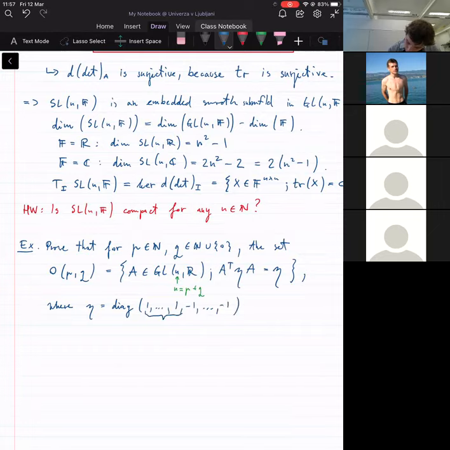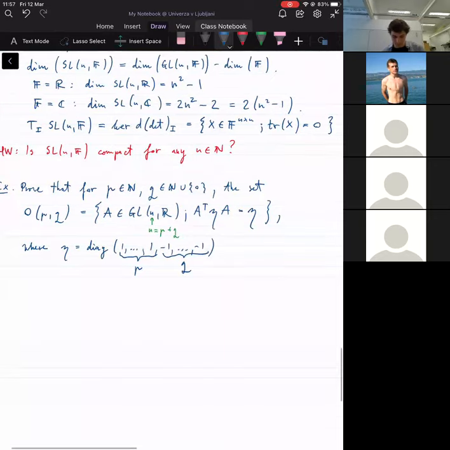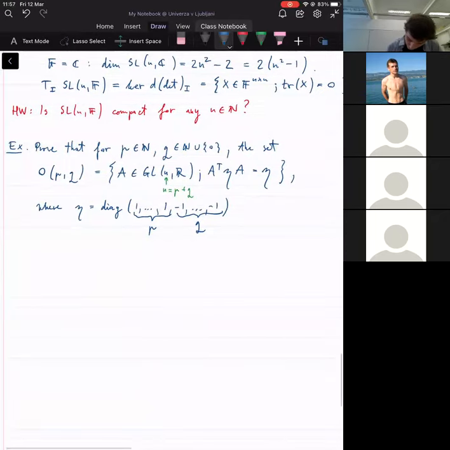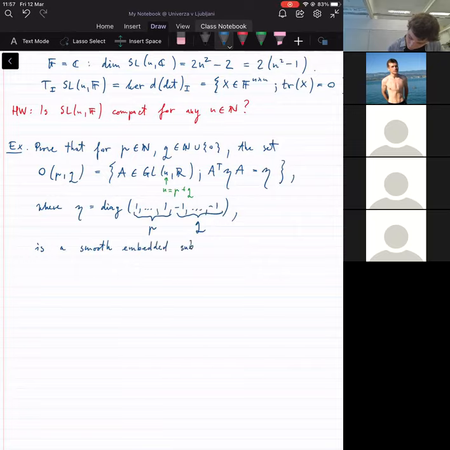And I have p ones and I have q minus ones here. Is a smooth embedded submanifold in GL_n R.